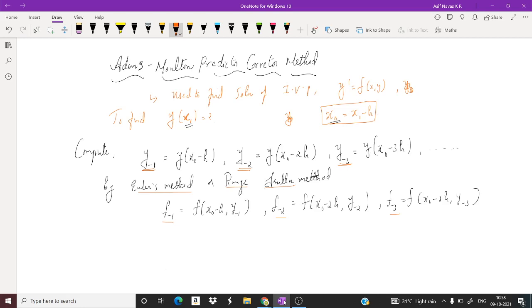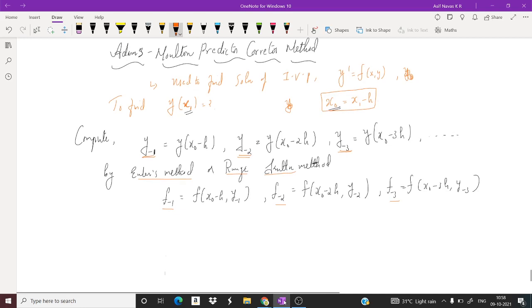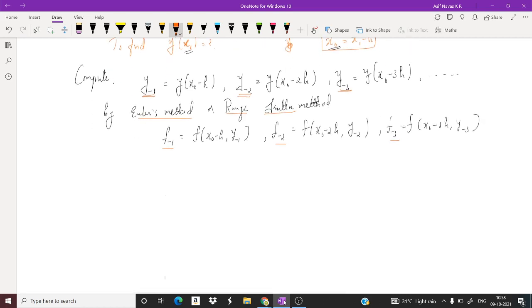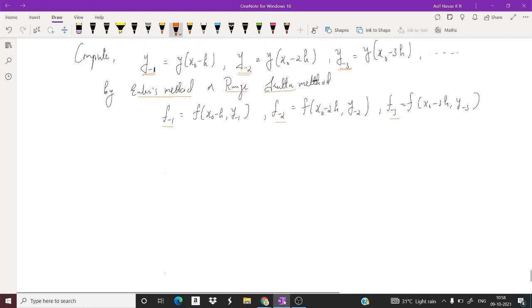Now there are two formulas for finding the value. First is the Adams-Moulton predictor formula, so please note it down. First we find y1, that means y of x1.